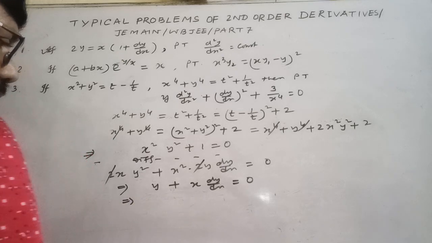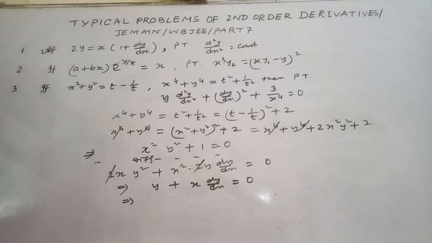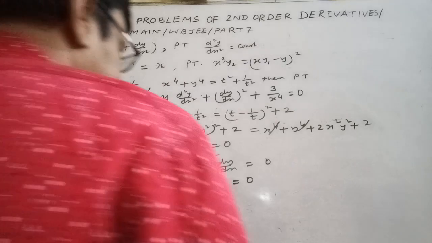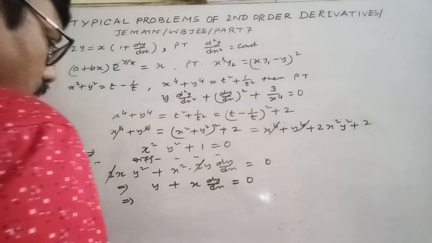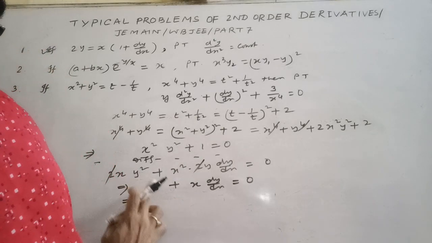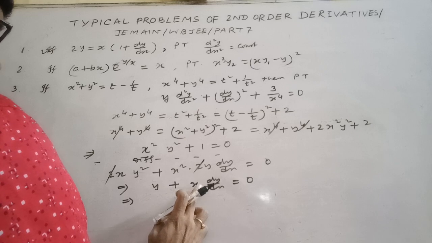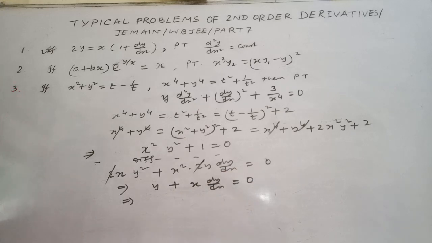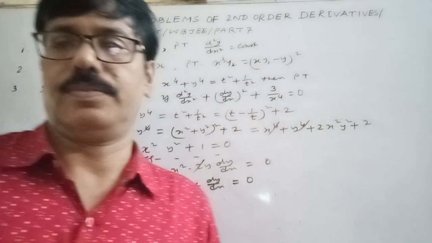Now differentiate it again. So this is y plus x dy/dx equals 0.